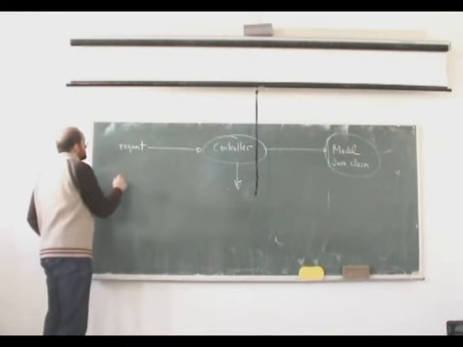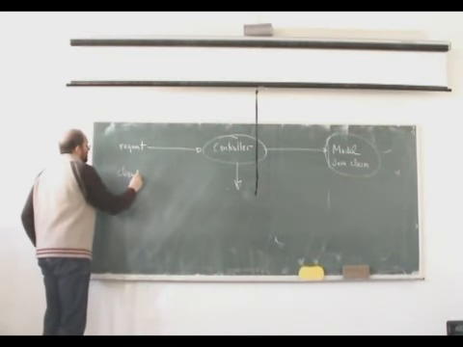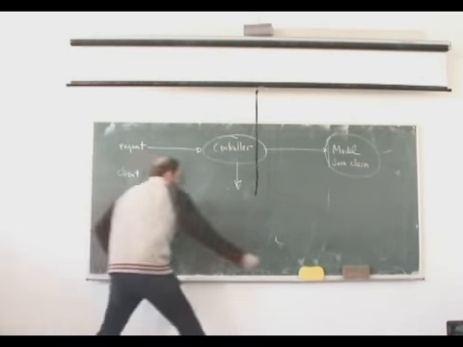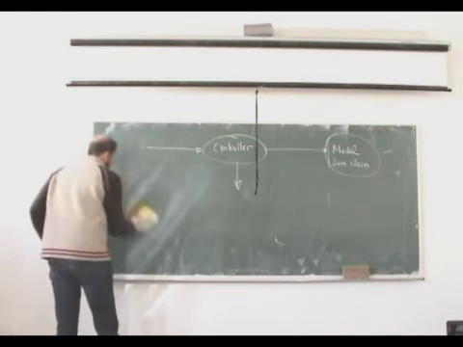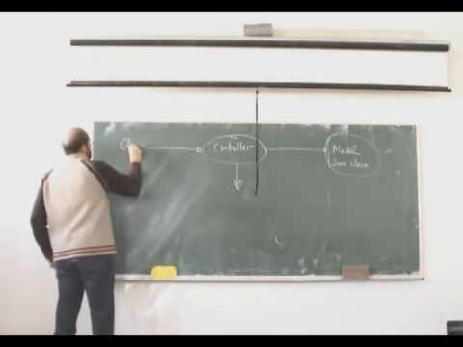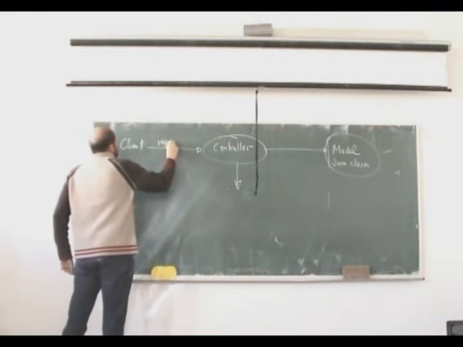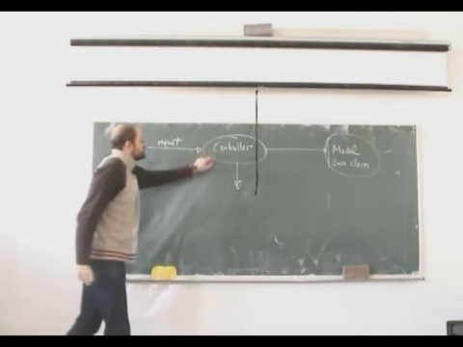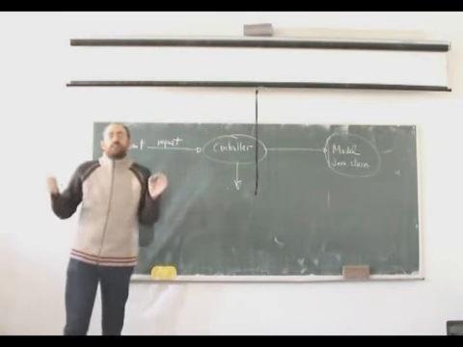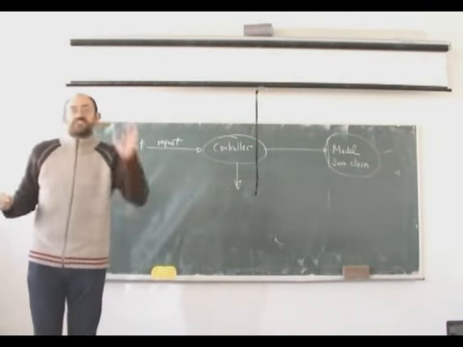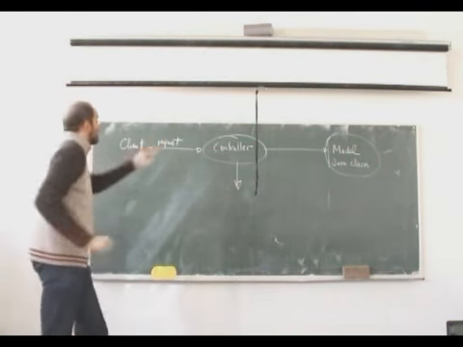So the request, this is the client, okay? Let's put it here, the client. This is the request. The request gets to the controller. So all the requests go to the same servlet. This is a servlet.